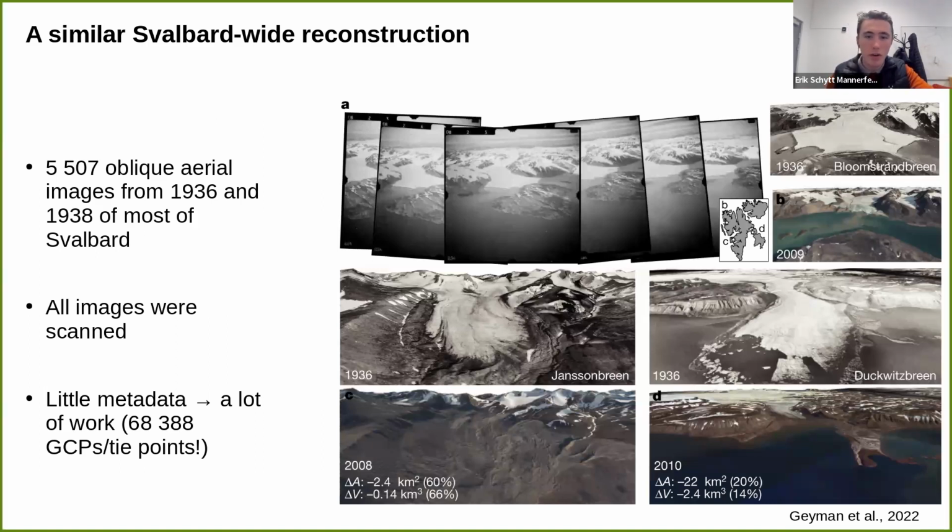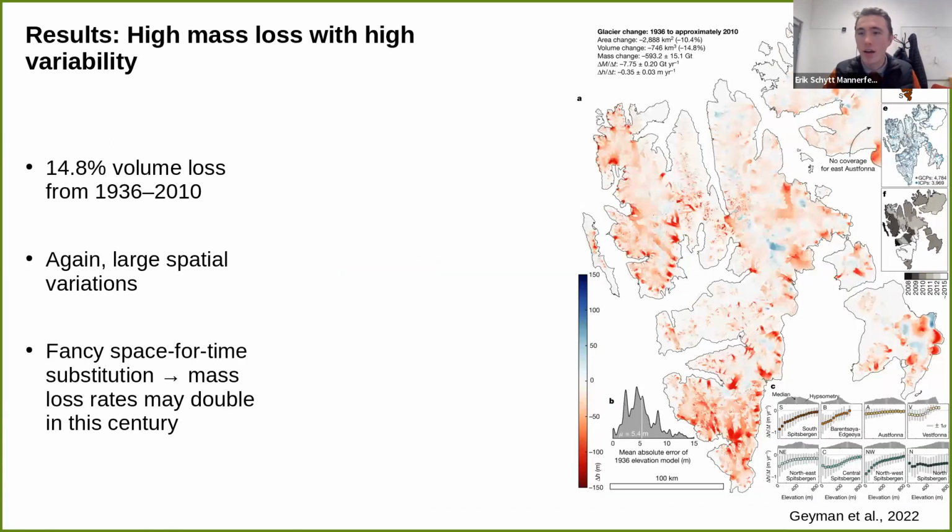It's known to a few hundred meters where the images were taken, but not better. And so she needed to spend this immense amount of time placing out ground control points and tie points, about 70,000 of them. And I cannot stress how much work that is. I'm truly impressed. But it paid off.